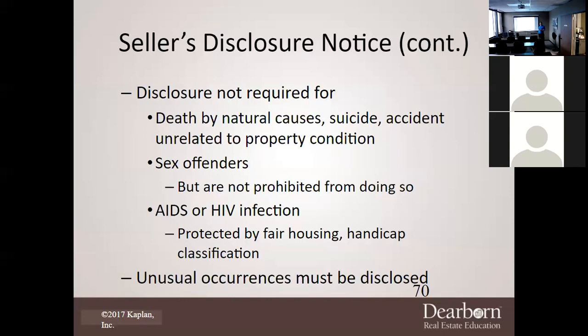Things that are not your normal. Like when you buy a house, you understand some people are going to have parties here and there and all of that. We all understand that.